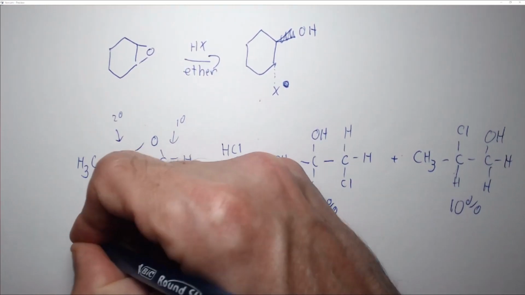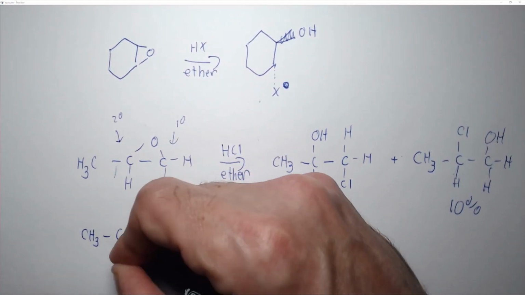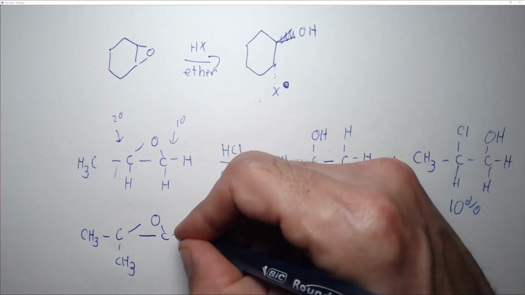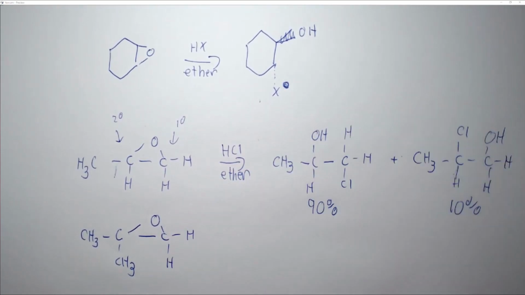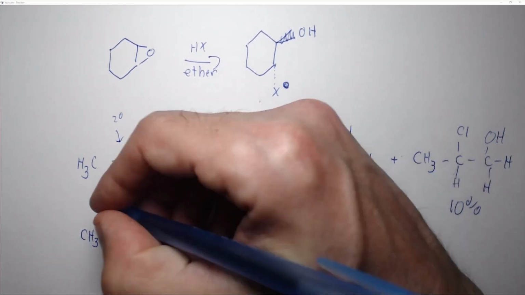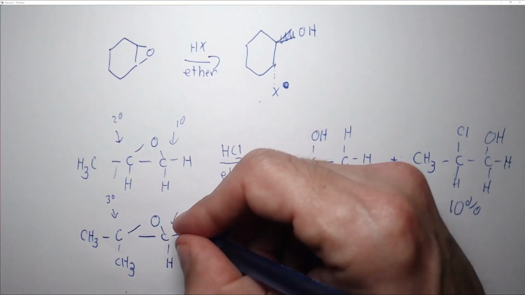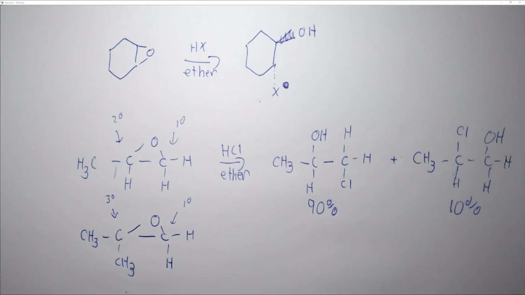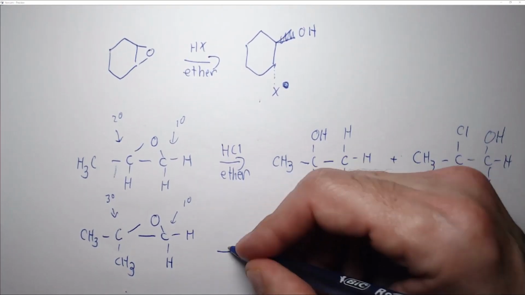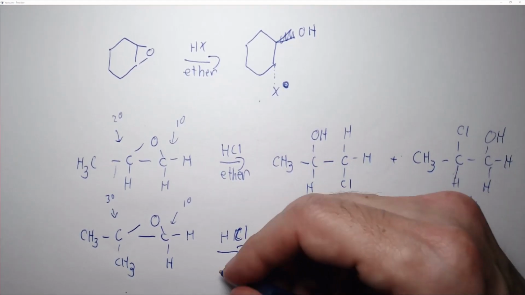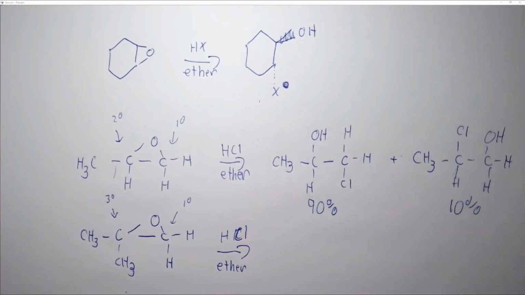Let's look at C bond CH3 bond CH3 bond O bond C bond H bond H. So what's the difference between this and this? Well, this carbon is bonded to 1, 2, 3 other carbons. So this carbon is tertiary. This carbon here is primary. So if I add HCl and ether, what am I going to get?